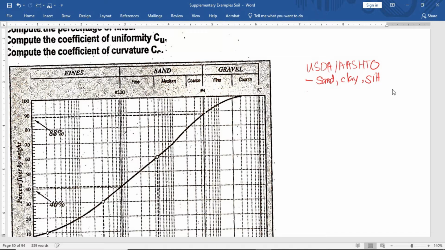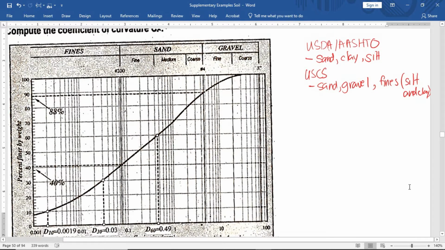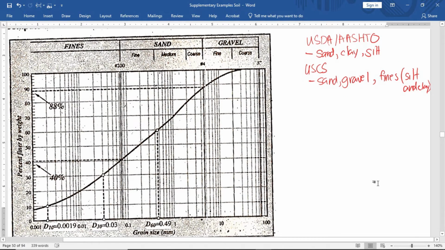Pero pagdating sa USCS, ang meron tayo is sand, gravel, tsaka fines. Yung fines, yan yung pinagsamang silt and clay. So, sa USDA tsaka AASHTO, wala tayong percent of gravel. Yun yung tandaan natin baka pagdating natin sa mga exams, baka malito kayo. Baka madamay nyo yung gravel pagdating sa AASHTO tsaka yung USDA. So, dito, hanapin natin yung percent ng gravel, percent ng sand, tsaka percent ng fines.